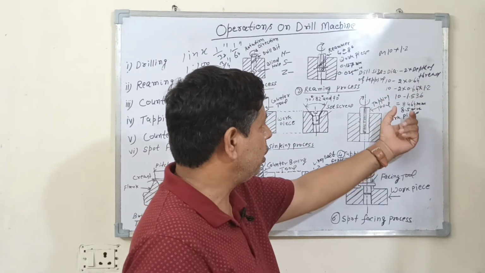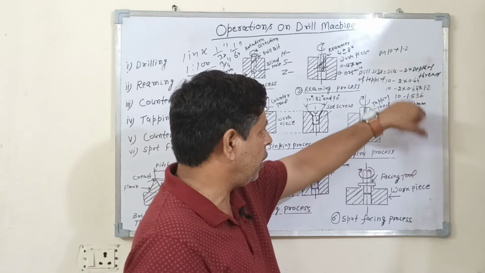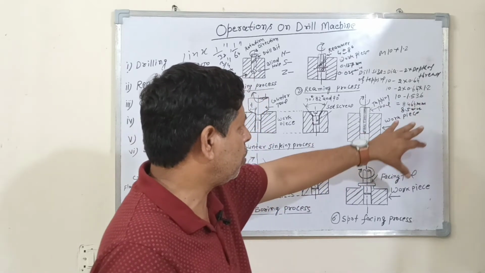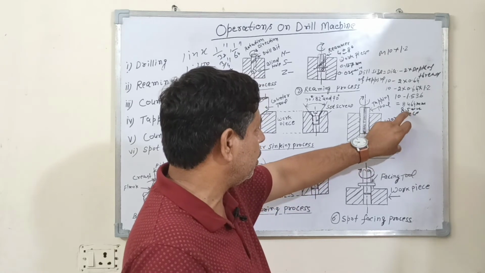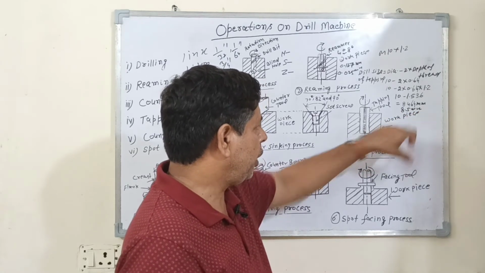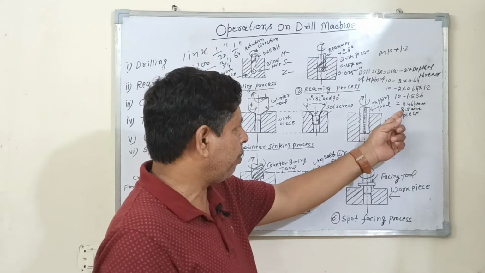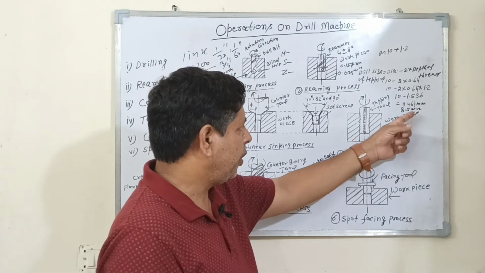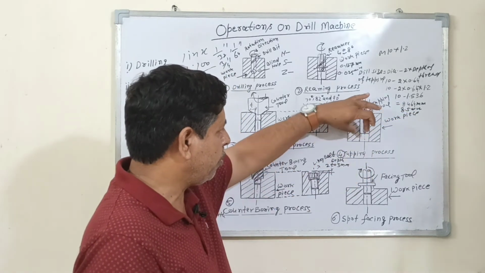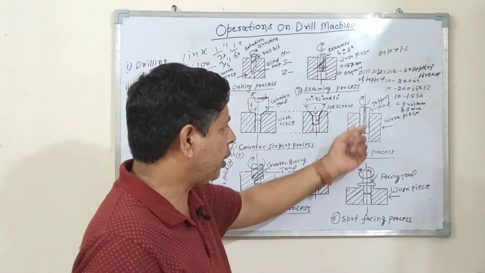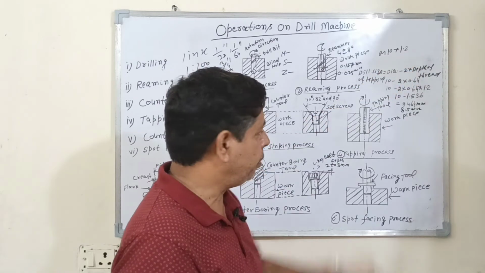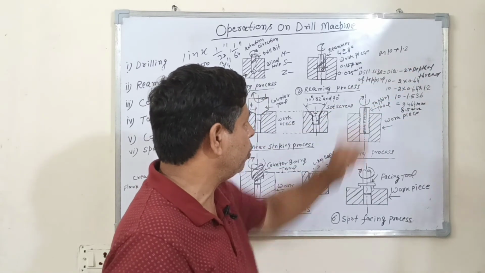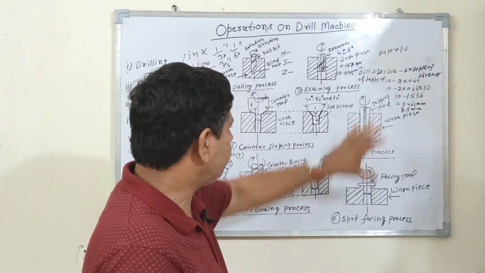Calculate this numerically and you will find the result 8.5 mm. So it means that an 8.5 mm diameter drill is required to make the hole before tapping, to cut the M10 into 1.2 mm. This formula is used.